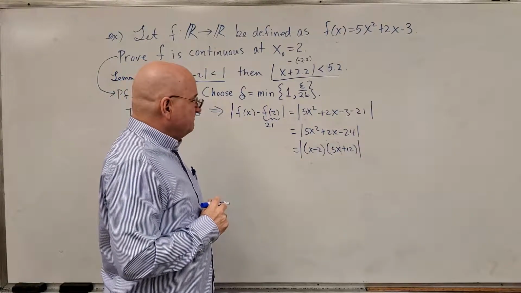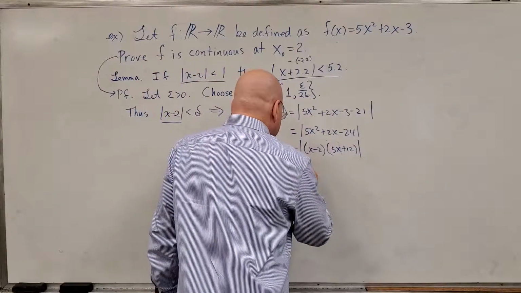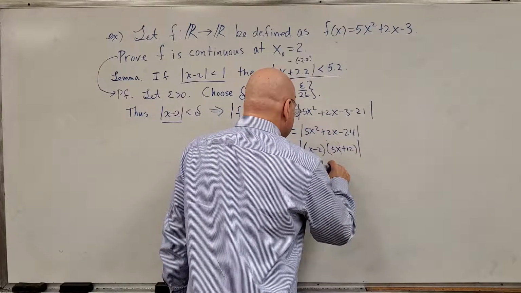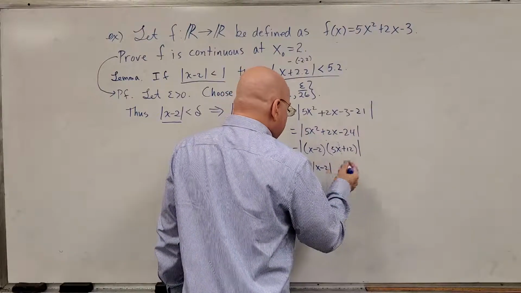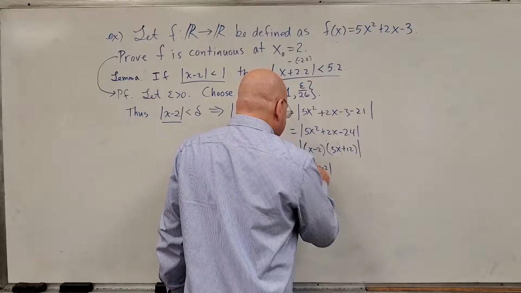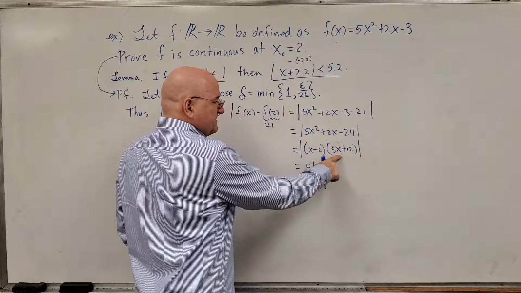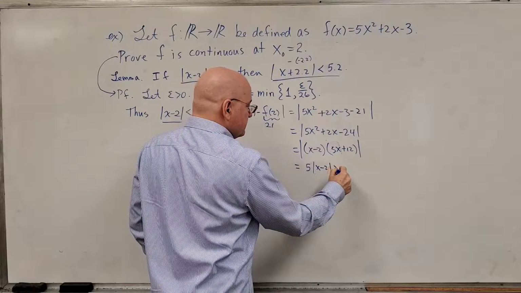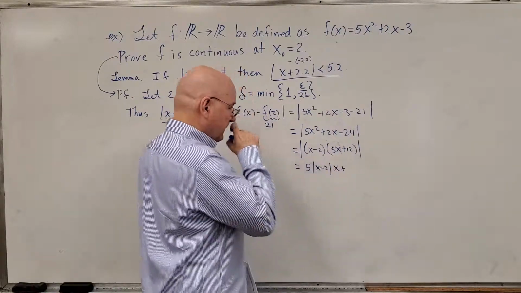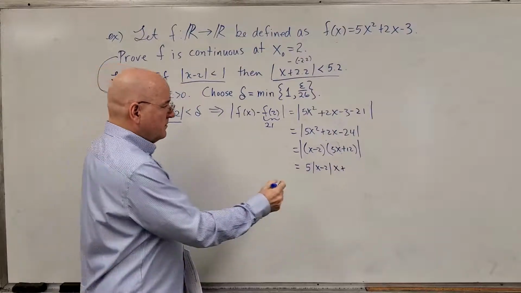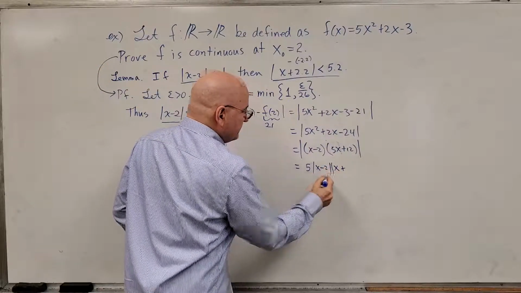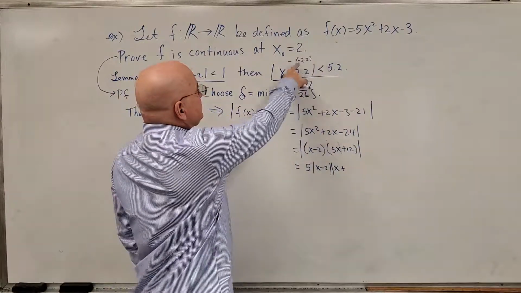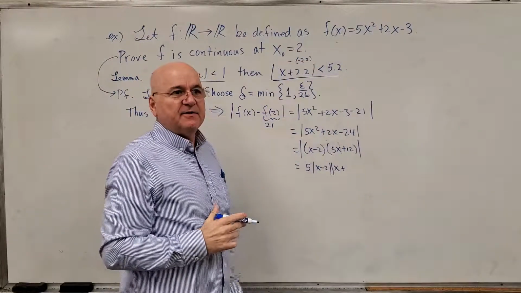Yep. Okay, so maybe I'm going to write this like some absolute values. By absolute value arithmetic, I'm going to factor the 5 out of this. And if I factor the 5 out of this, what do I get? X plus what? 12 over 5, 2.2, which is why we did that lemma earlier.